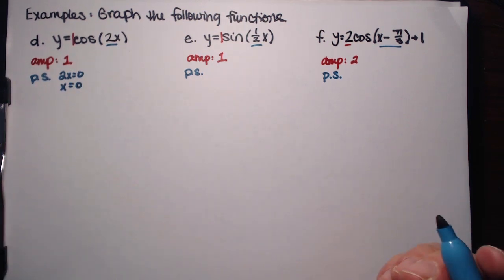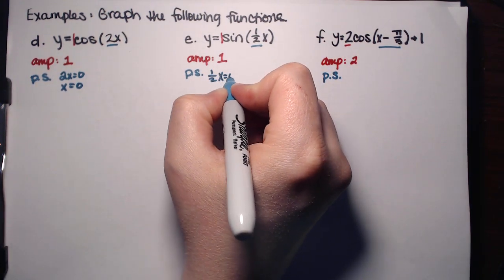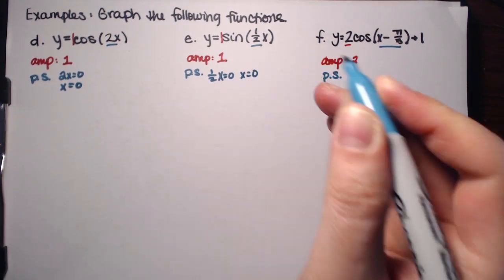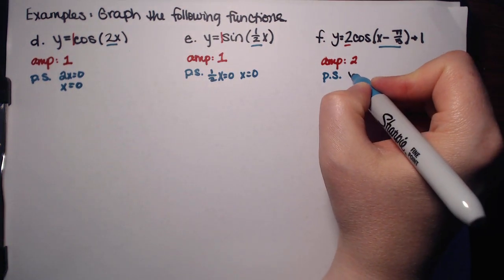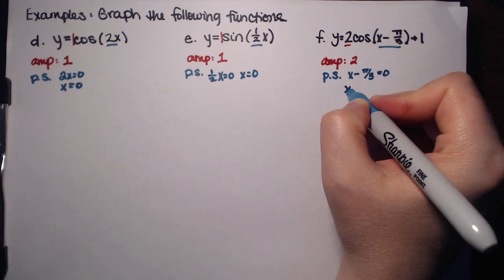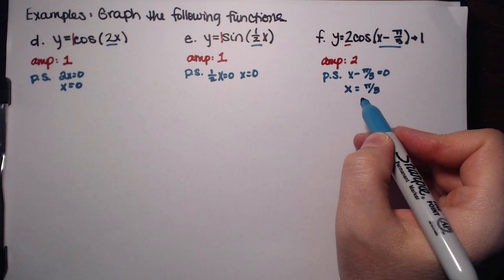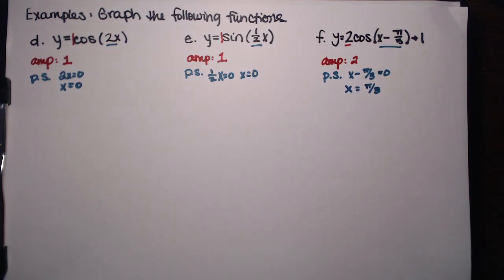So I'm not moving it left or right anything. Again, when 1/2 x equals 0, x equals 0, I'm not moving left or right. On this one, I add pi thirds to both sides and I get pi thirds. So it does have a phase shift on this one. We're moving right pi thirds.